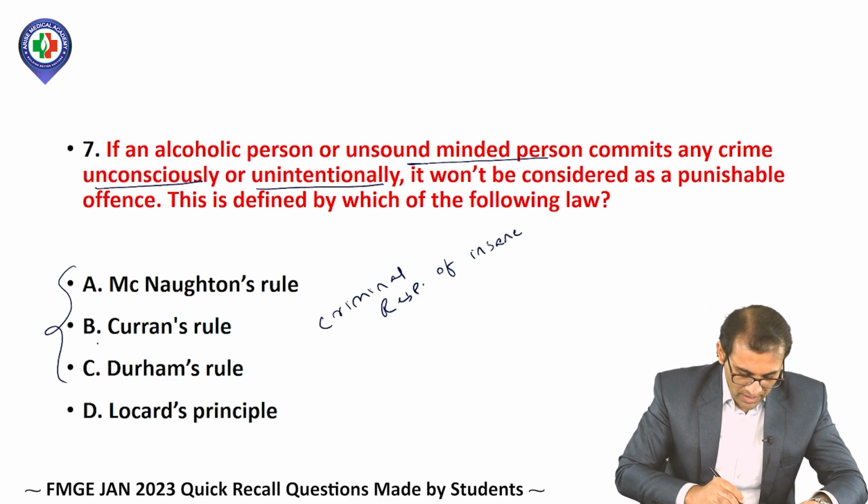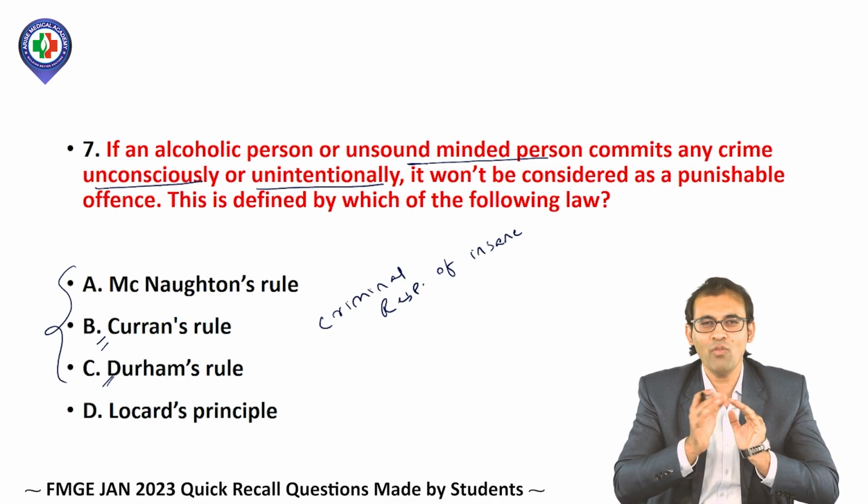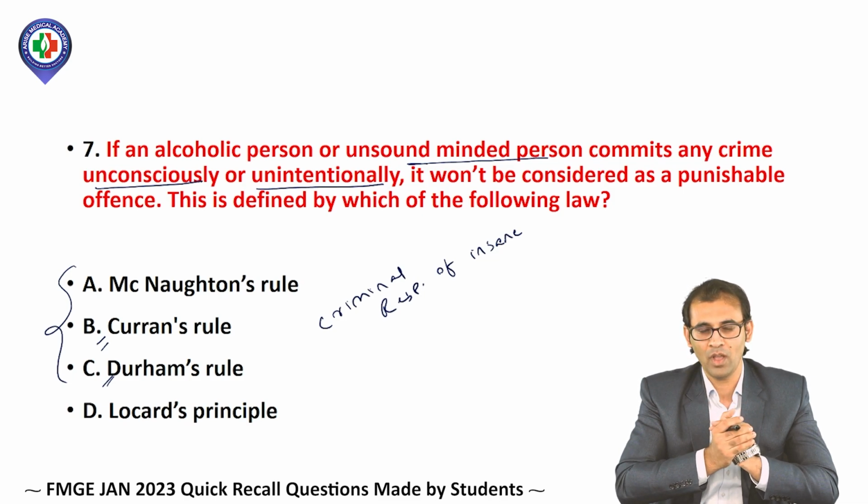See option number B and D. These are outdated now. Now we are using McNaughton's rule, which states that if an insane person or unsound-minded person commits any crime, this will not be considered as a punishable offense because he does not understand the consequences of the crime. This is called as McNaughton's rule.